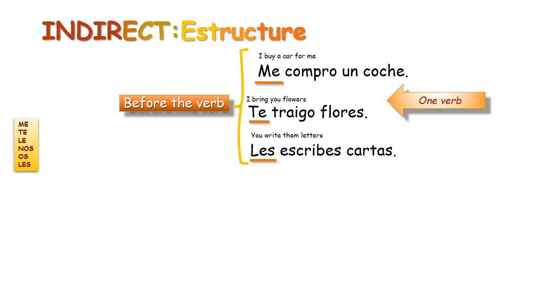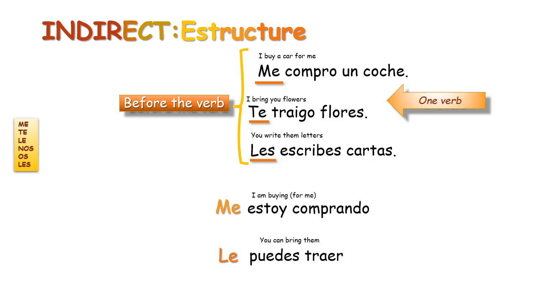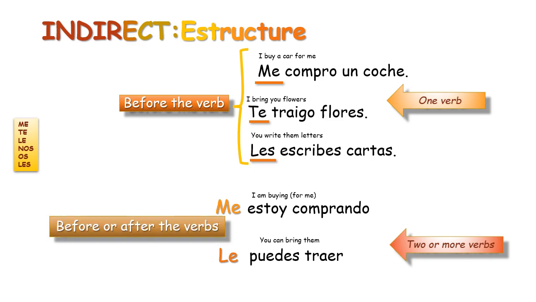And if we have two verbs, again, we can choose between placing it before the two verbs or after the two verbs. For example, I am buying something for me. Me estoy comprando o estoy comprándome. Or you can bring them. Le puedes traer o puedes traerle. So there's no surprise here.